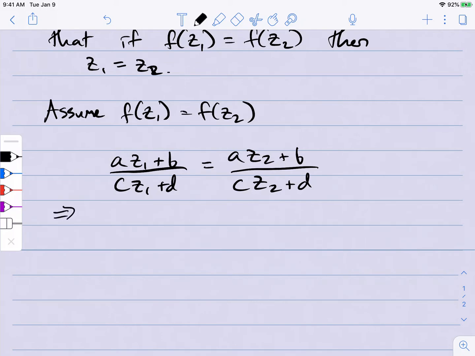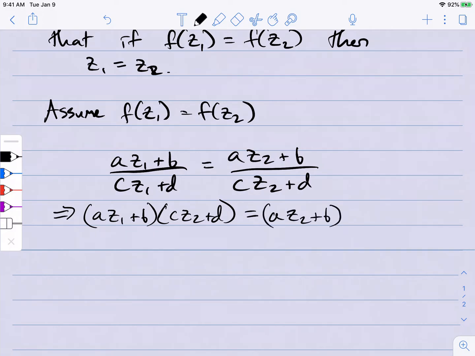So if I multiply both sides by both denominators, then I get cz2 plus d multiplied by the numerator on the left, az1 plus b, and on the right side I get az2 plus b times cz1 plus d. Again, I'm just multiplying both sides by cz1 plus d and by cz2 plus d.